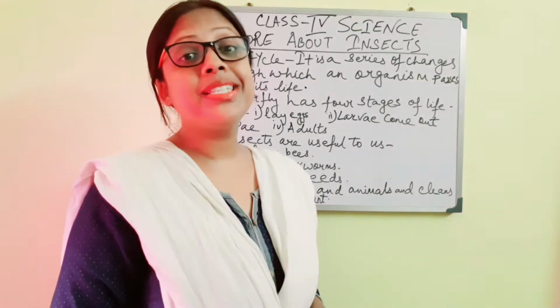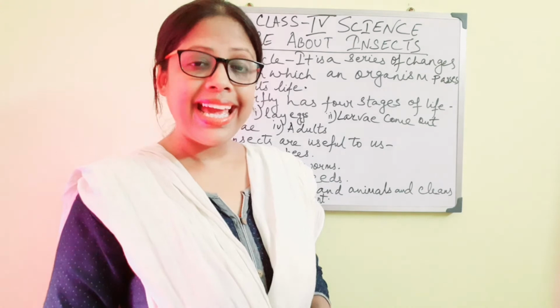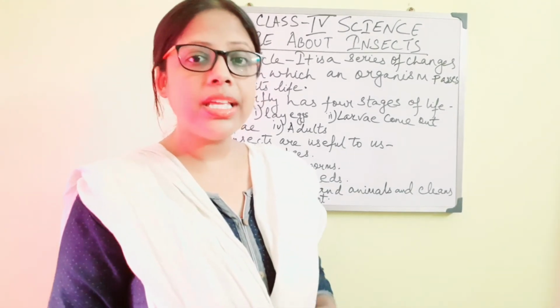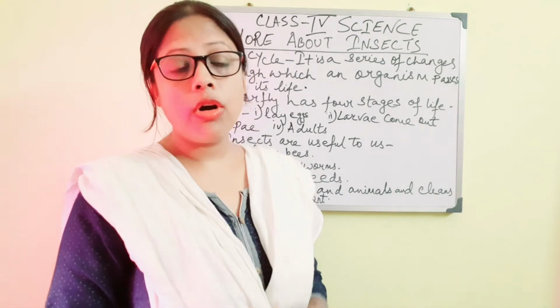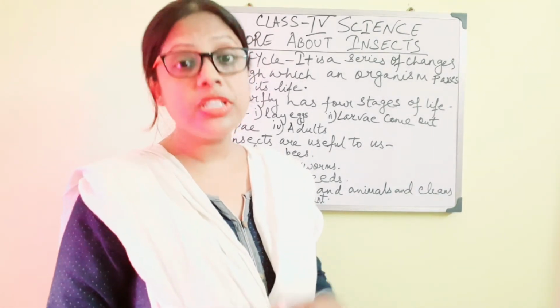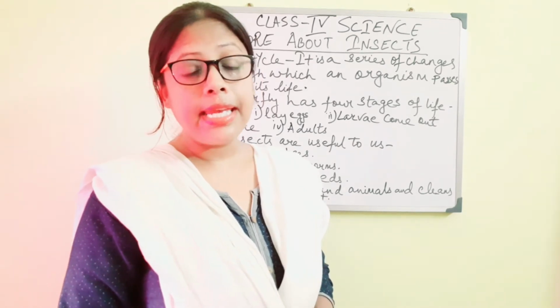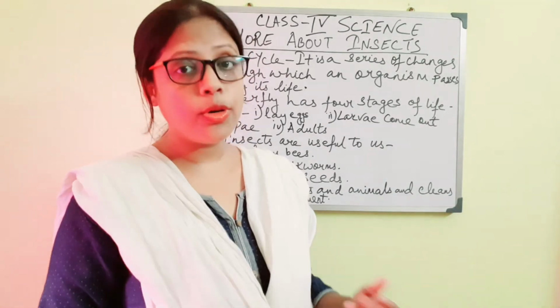Now, if you keep food for many days, it gets stale. So, can you eat that food? No. You will find bugs on that food, which is harmful for you. You can get diseases. Now, we all have wooden things at home.